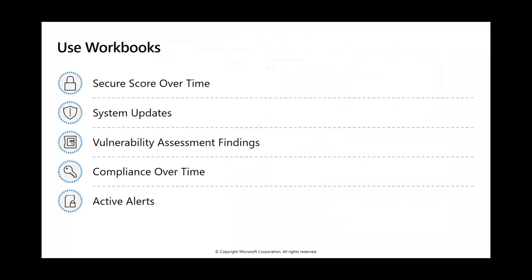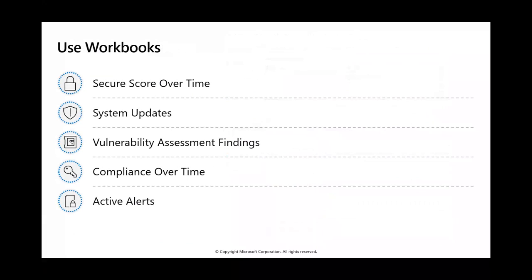with different workbooks ready for our customization. We can take a look at a security score over time workbook, to track our subscription scores and changes to recommendations for our resources; a system updates workbook, to view missing system updates and vulnerability scans of our Azure resources; and a compliance over time workbook.